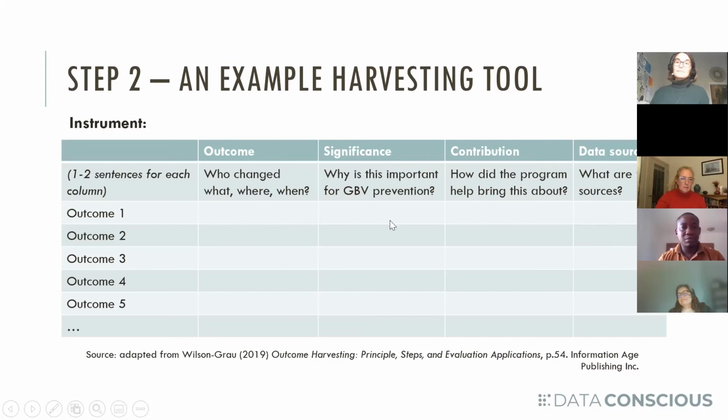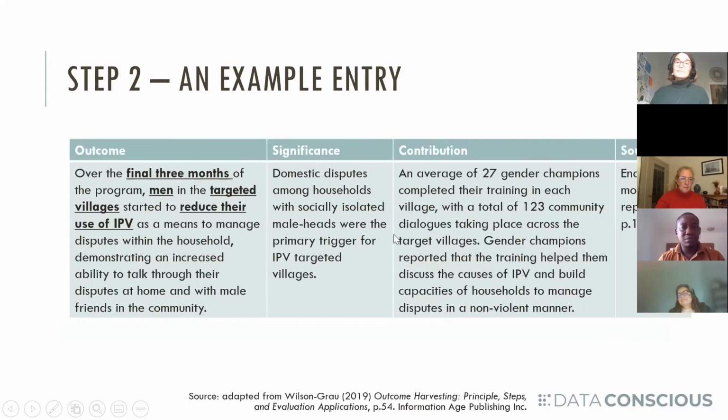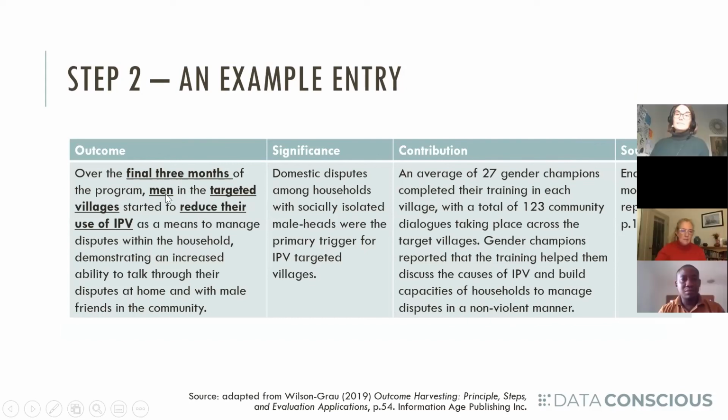So to give you an example of what that might look like, in our project example, you might have something like this. Over the final 3 months of the program, so that's when did the change happen? Men in the targeted villages, that's who, started to reduce their use of IPV. That's what they did differently, right? So we've already got who changed what, when, and in these targeted villages where, right?